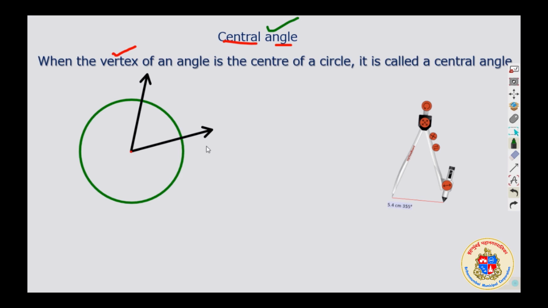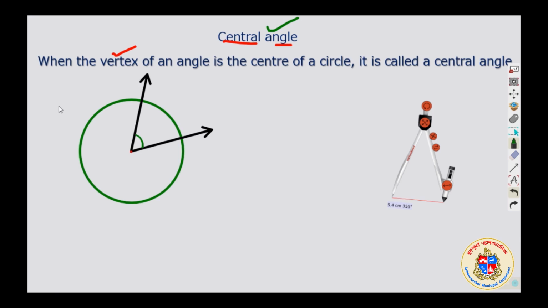ठीक है? क्यों central angle बना दिया? We are going to study about arc and we know what is arc. Now we are thinking about how to measure arc. तो उसमें ये क्या काम आएगा? 2 things are there. One is the measure of this arc: measure of the arc is the measure of the angle.